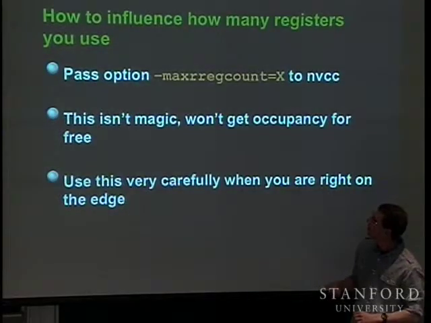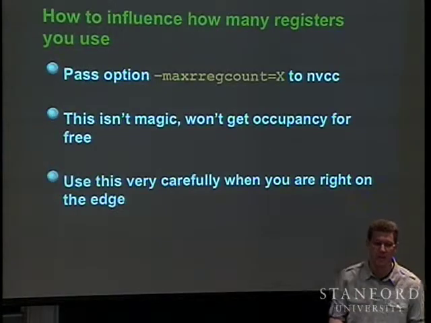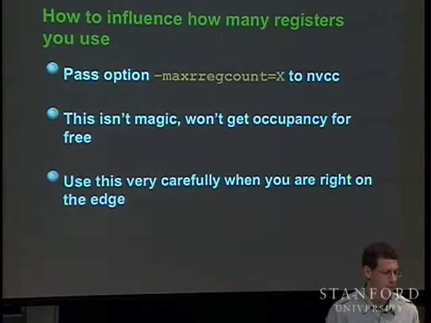It's kind of weird in that way. But you can tell the compiler, hey, I really would like to have 24, not 25 registers, by passing it this flag, this option, and setting it to whatever value you want, and it will stick to that limit, always, or at least mostly. And it will push down the register count to what you ask for.